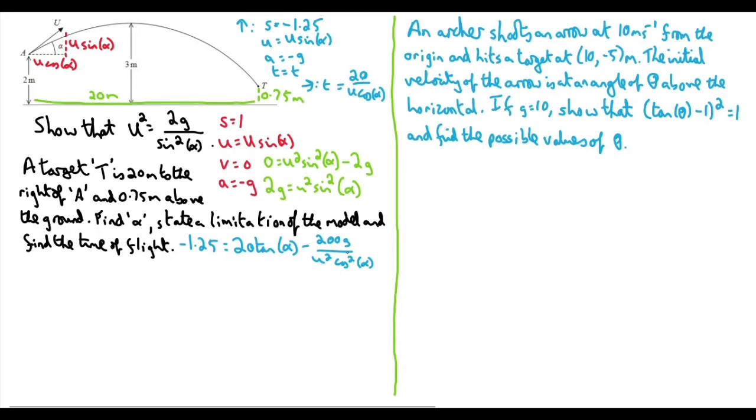Now, we can actually simplify this expression here further. We can get rid of this u to turn it all into the only unknown being alpha. So just on the left here, if we were to say that this would be the same as 200g over, well, we know u squared to be this, so it's your 2g over sine squared alpha times by your cos squared alpha.